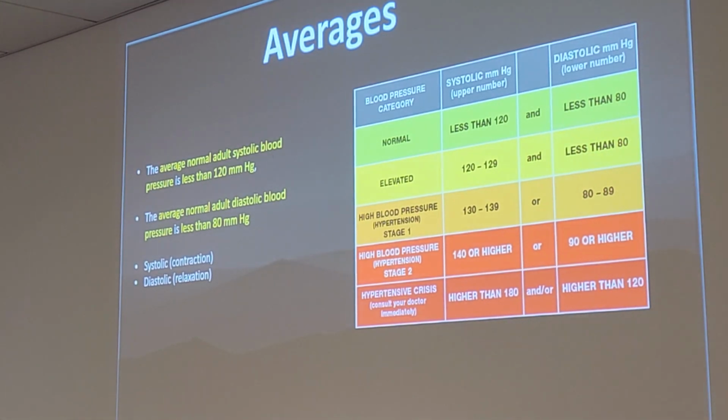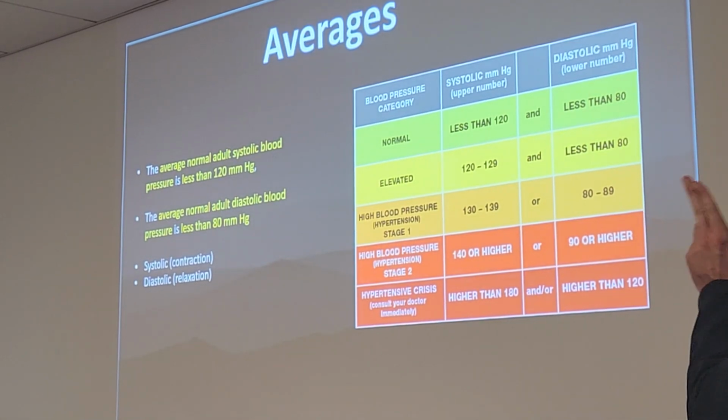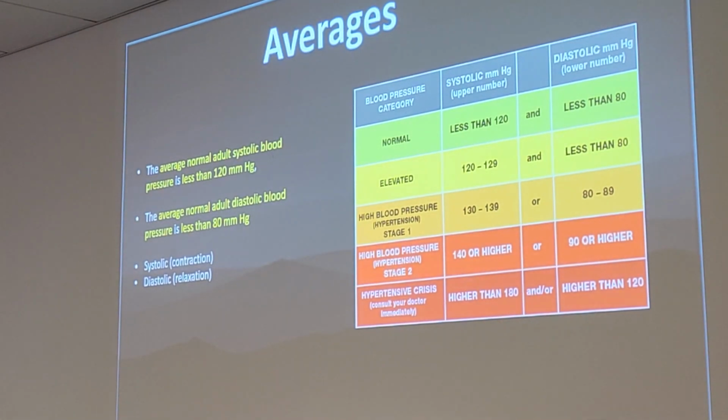So, blood pressure categories on this chart. When we're normal, we want less than 120 and less than 80. Elevated blood pressure is 120 to 129, and still less than 80. High blood pressure, the early stage of hypertension, is 130 to 139 or 80 to 89.